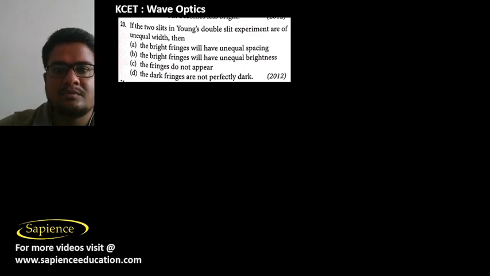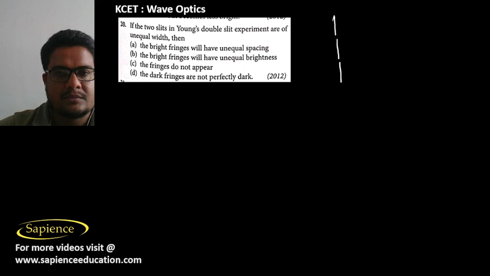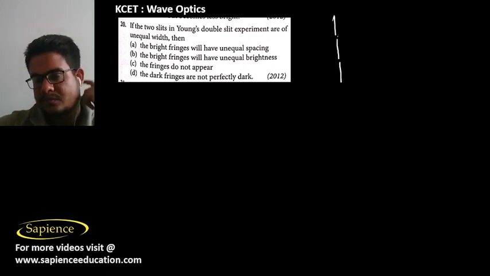So in question number 20, it is told that if the two slits in Young's double slit experiment are of unequal weight, then the intensity from these two slits will not be the same.